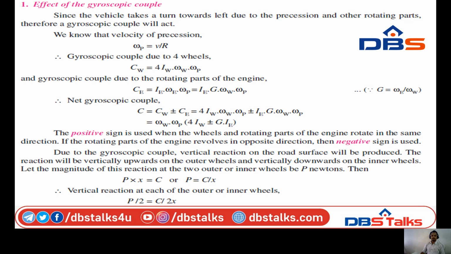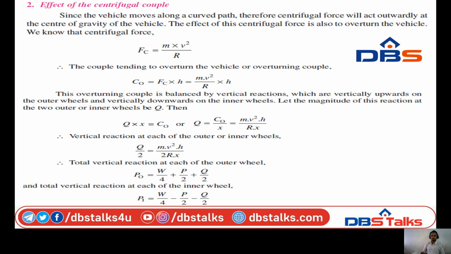Next, what is the effect of a centrifugal couple? That is the topic we are on now. When a vehicle moves along a curved path, a centrifugal force acts outwardly at the center of gravity of the vehicle.